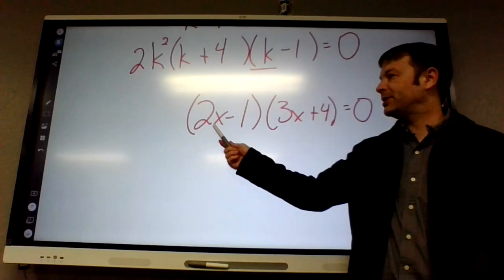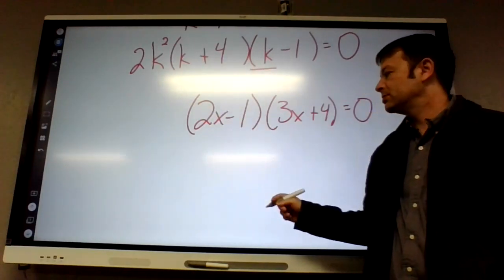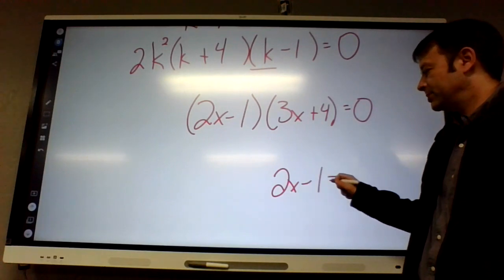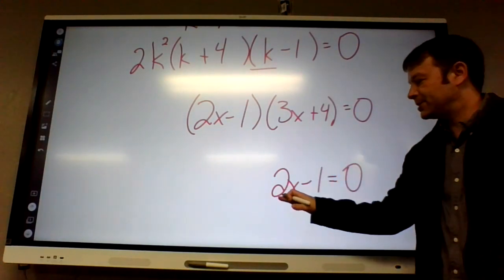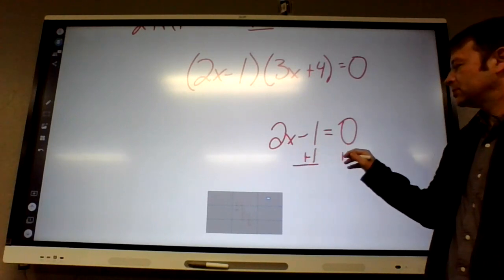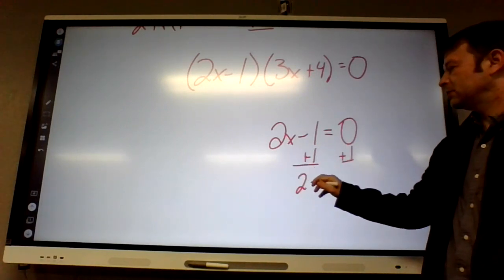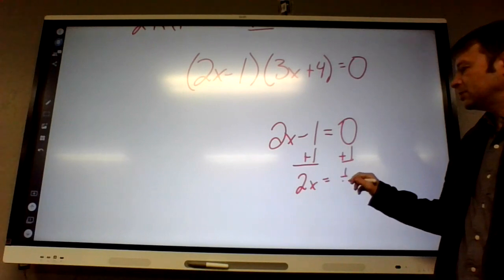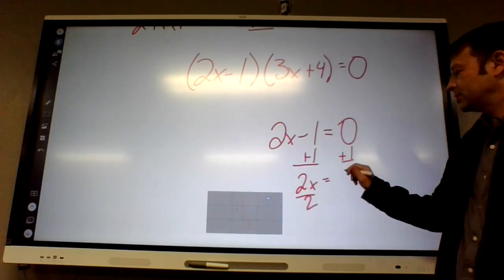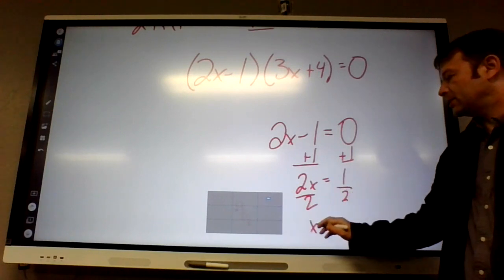Here's the trickier question. What x values make this 0? I'm not too sure. What x value makes this 0? It's 1/2.